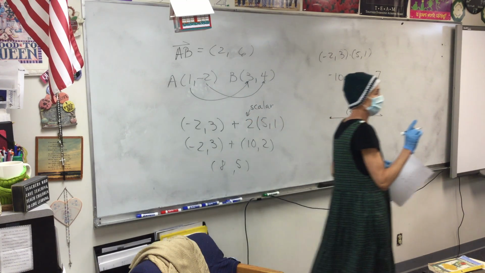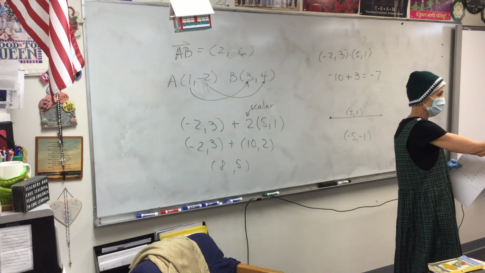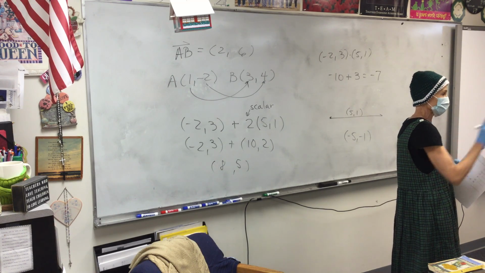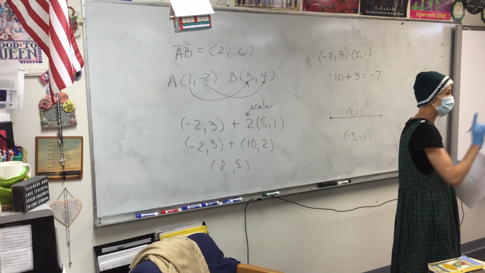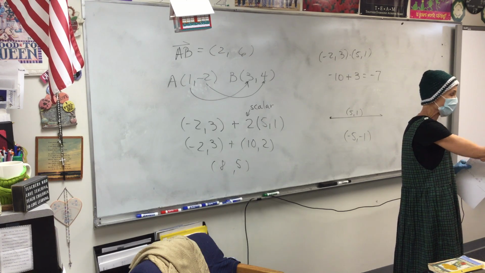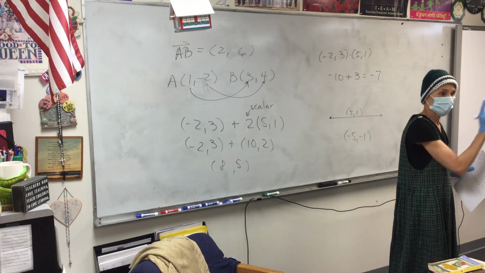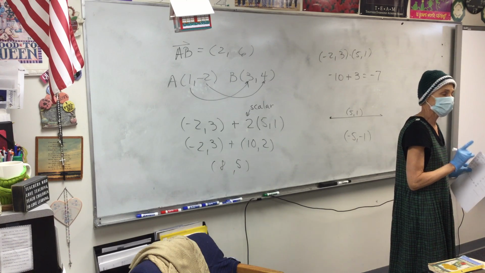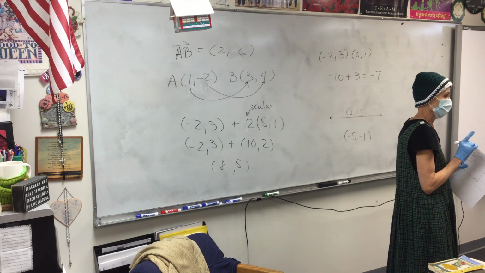Opposite vectors are like if I walk to Hiddle and then he walks to me. Those are opposite vectors. We're going exactly the same distance, but the direction is opposite. Instead of going north, we're going south.